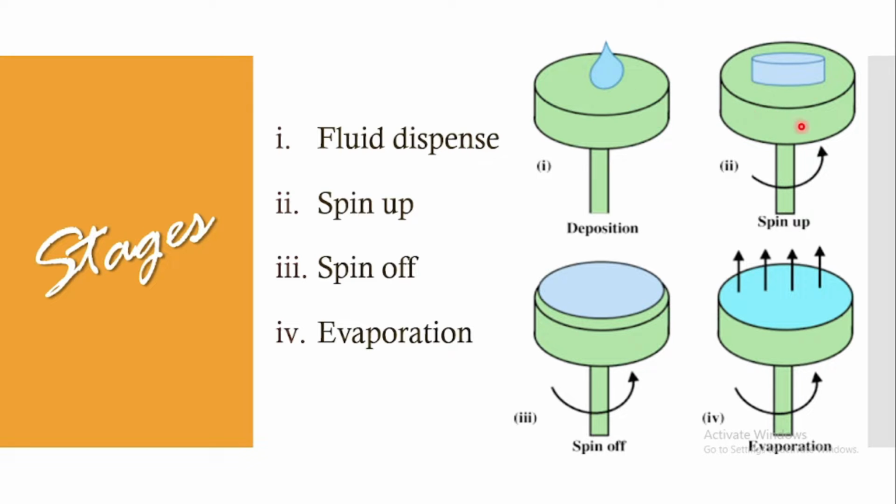Spin up means due to the rotation, the precursor material will be spread out over the substrate, and spin off is removal of the excess liquid from the substrate due to the high angular velocity, and finally evaporation to get a uniform thin film. So this is in brief.